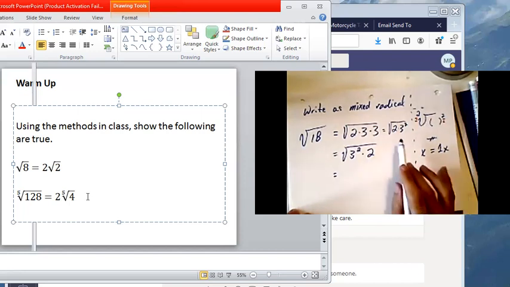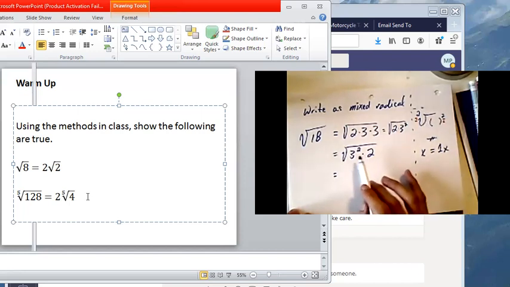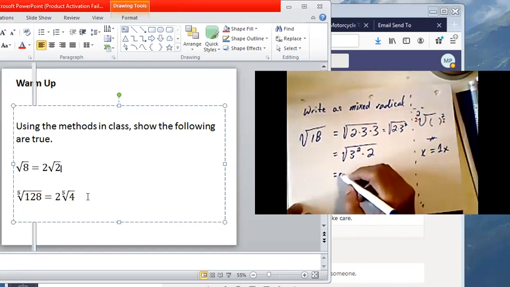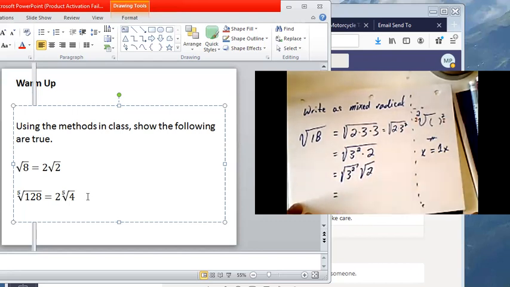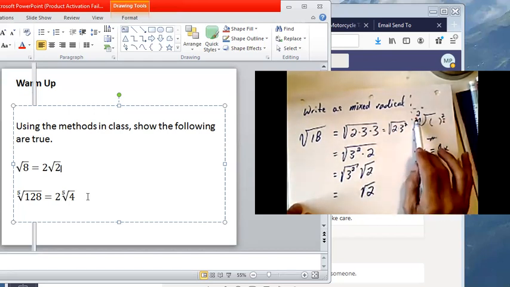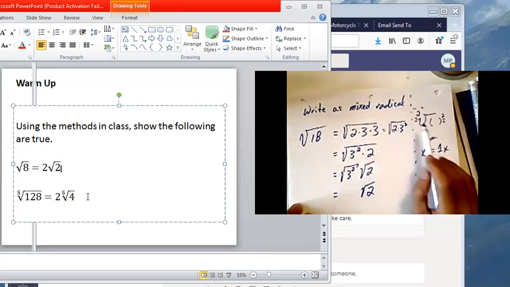All right, but usually what we want to do is get the lone number in the front. So we'll change the order so it's like this, and then watch. That goes there, split it up. So the root 2 stays. But now look, we have a 2 on the outside, invisible, and a 2 on the inside. So what happens?